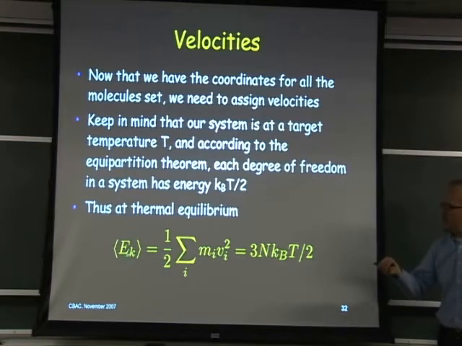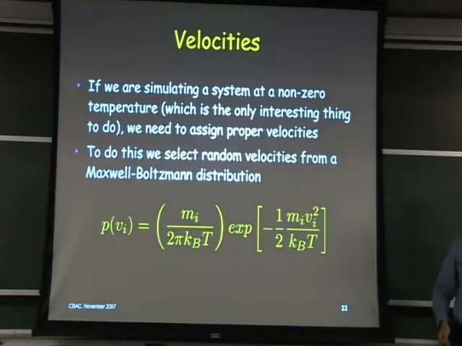So this means that the average energy for a given system is going to be the sum of the squared velocities times the masses for all of the atoms in our system. So we've got this amount of thermal energy in there. But how we partition that actually comes from choosing random velocities from what's called the Maxwell-Boltzmann distribution.